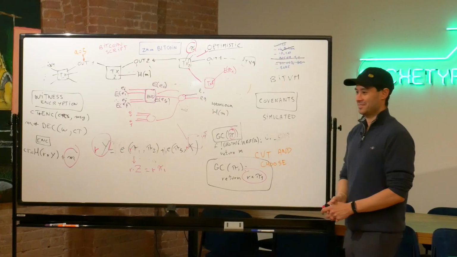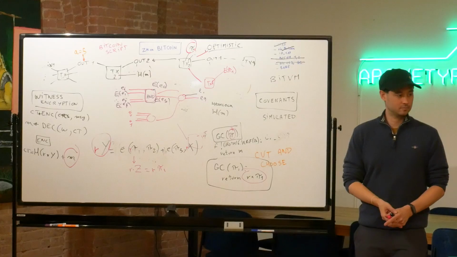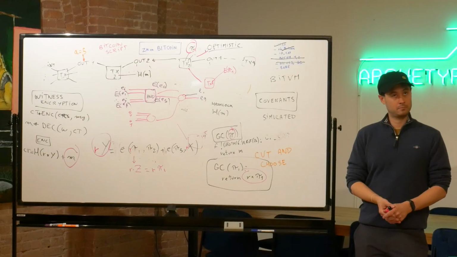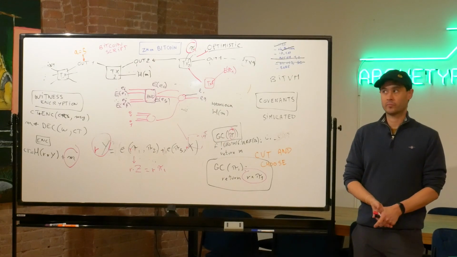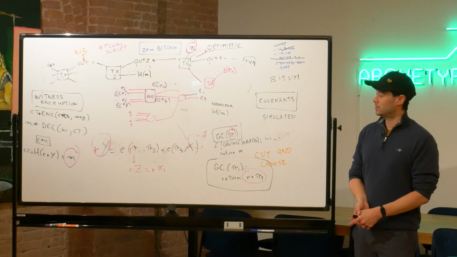If it's on the order of megabytes, why wouldn't you stick it on chain in a block, if 4 megabytes is the limit? Or maybe that's a dumb question. No, it's a good question.